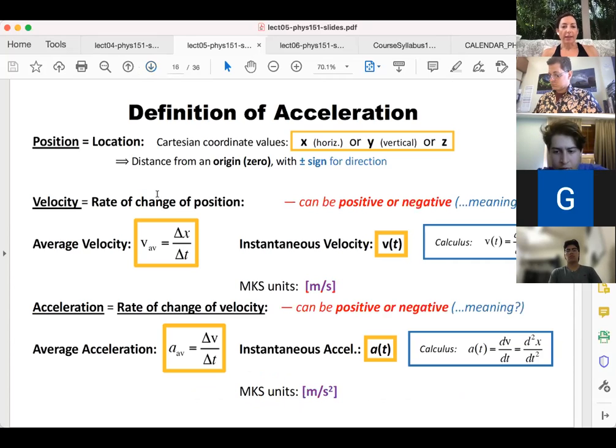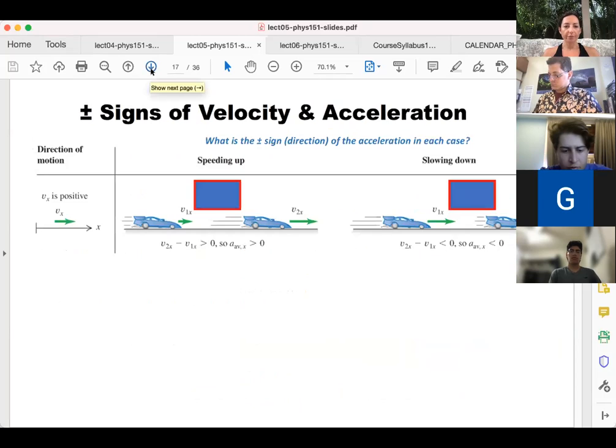And again, the velocity can be positive or negative, and the same can be for the acceleration, positive or negative. So here, for example, you have a certain initial velocity. You see that the second velocity is greater. So we are speeding up. And in this position, how is it going to be the acceleration? Now you should be able to say that it's going to be positive.